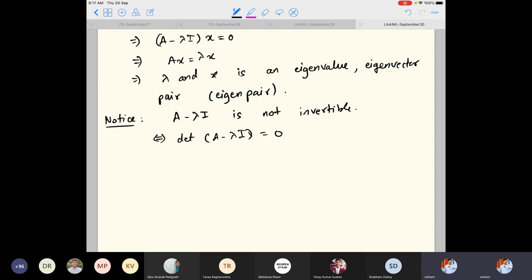What will be the degree of that polynomial? n. The degree of that polynomial will be n. And what will be the lambdas of our interest? What will be the eigenvalues? The roots of the polynomial, determinant of A minus lambda I equal to 0. The roots of that polynomial will be the eigenvalues.